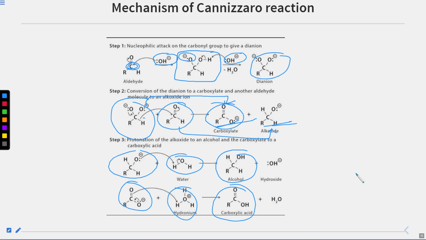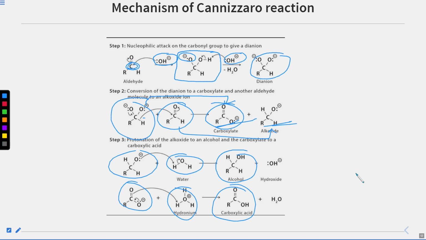Alcohol is a reduced form because one hydrogen is added to the carbonyl group, whereas the carboxylate is an oxidized form because one oxygen is added to the aldehyde. Since both oxidation and reduction are occurring for the same compound, that reaction is called a disproportionation reaction.